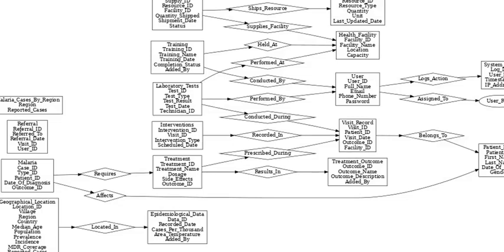We are going to explain the relationship between patient's data, visit records, treatment ID, malaria records, the health facility, the geographical location, epidemiological data of the patient, treatment outcomes, and then interventions, laboratory tests, everything, and how they are relating as far as this database is concerned.